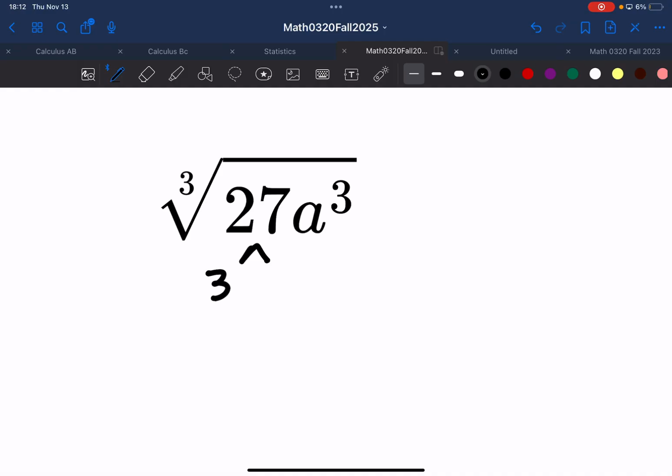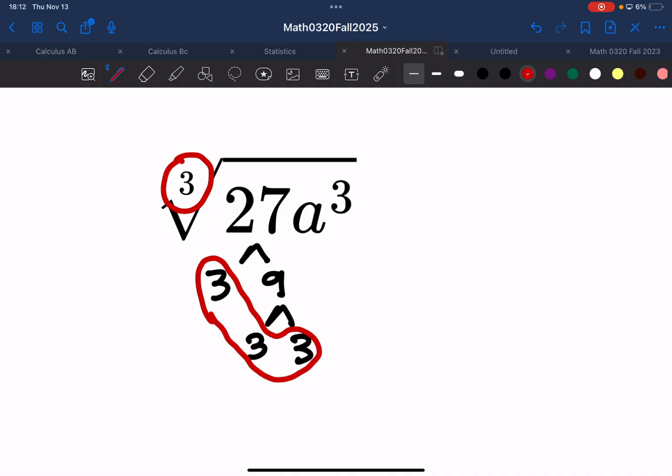I'll do the factor tree. 3 goes into 27 9 times. 3 goes into 9 3 times. This is a cube root, so I'm going to circle groups of 3. And I only have one group of 3. So that means when I write this, this is going to equal 3.